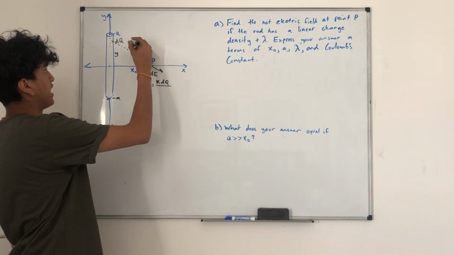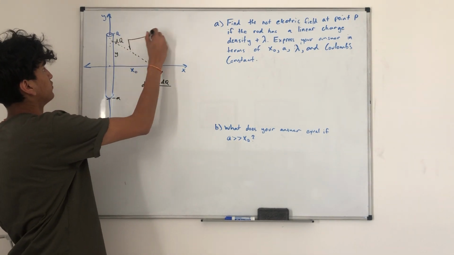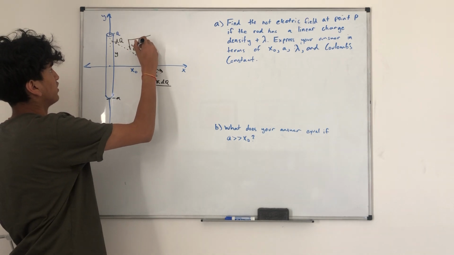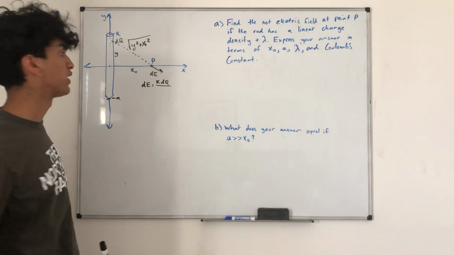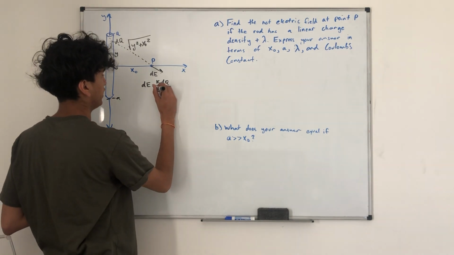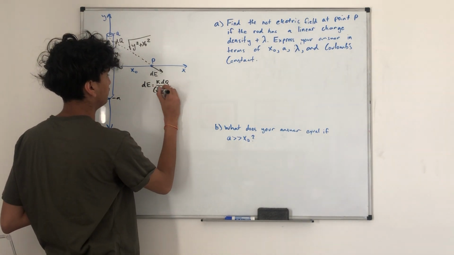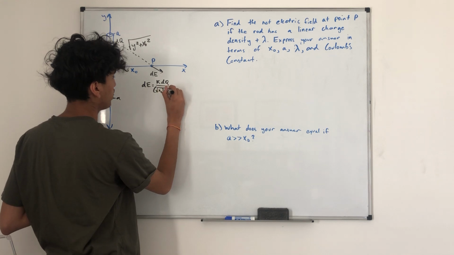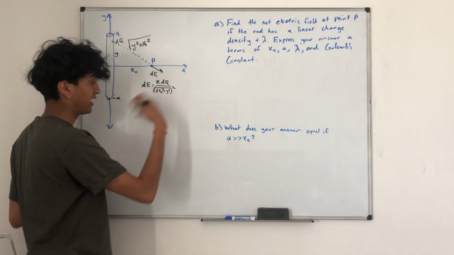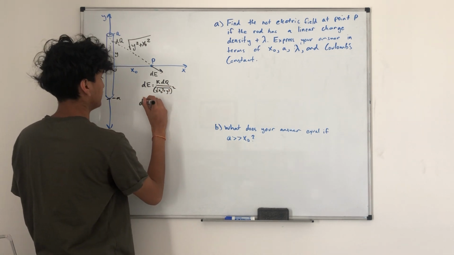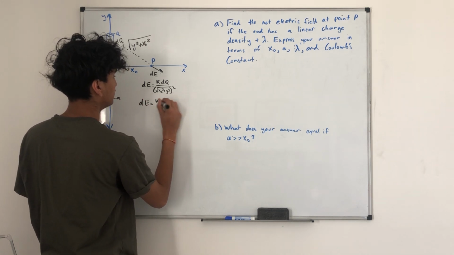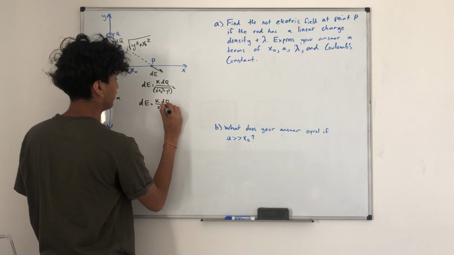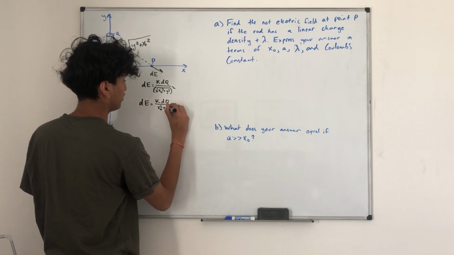So we could say that r is equal to the square root of y squared plus x naught squared. We could throw that back into here, and the square root squared cancels out, and you get dE is equal to k dq over x naught squared plus y squared.